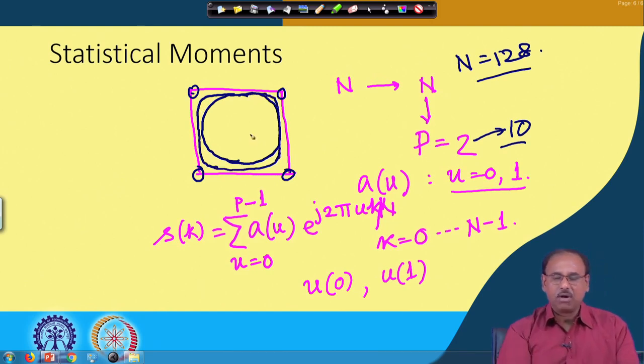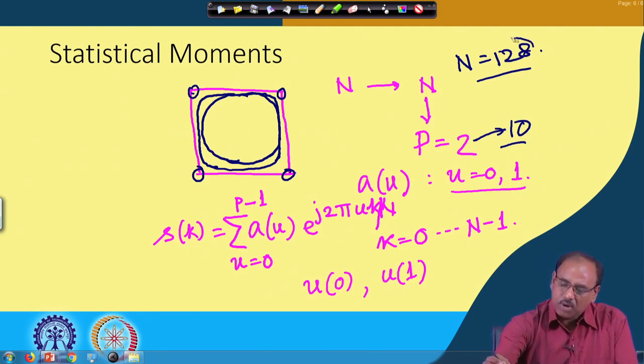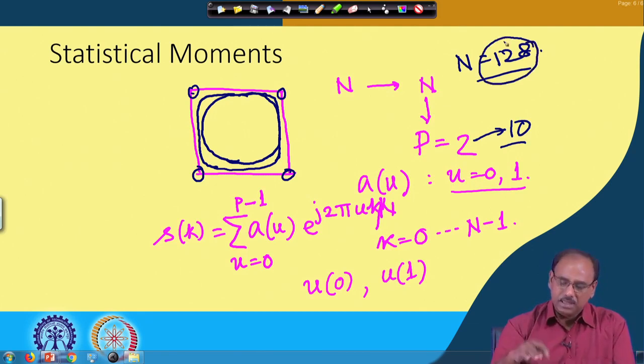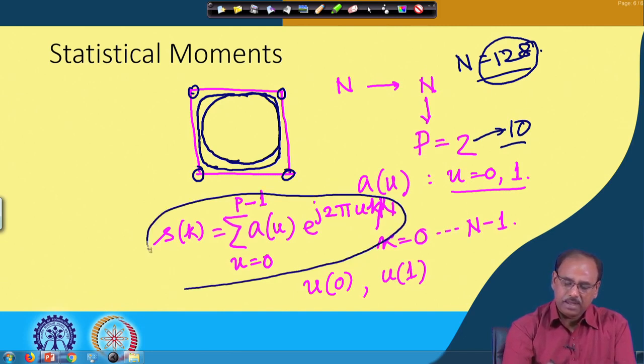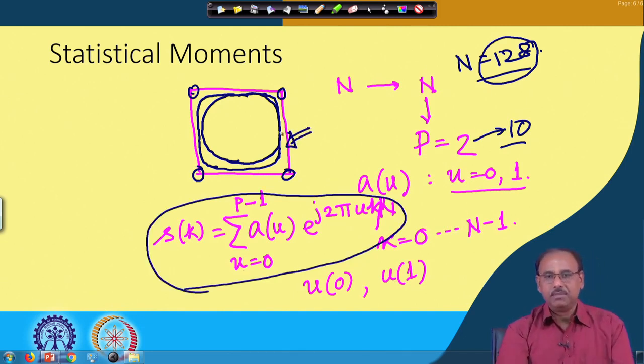It is not a perfect square, neither a perfect circle. So I get some detailed information in the reconstructed signal. Only when I consider all 128 coefficients in the reconstruction, or u varies from 0 to 127 in this inverse Fourier transformation expression, will I get back my original shape, which is a square.